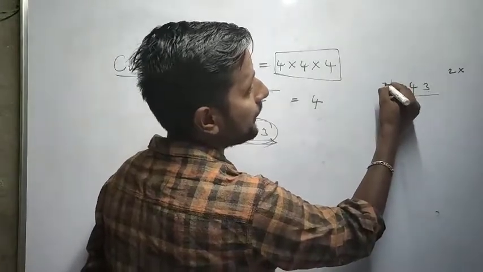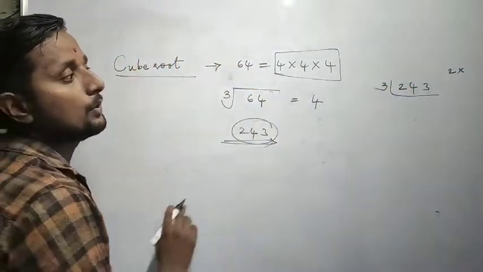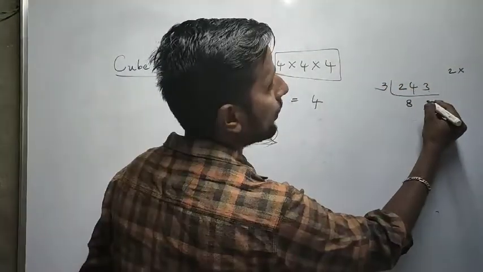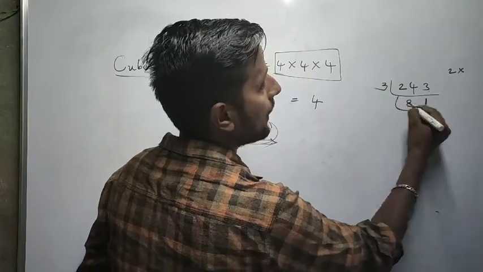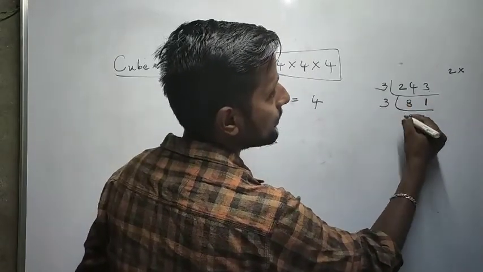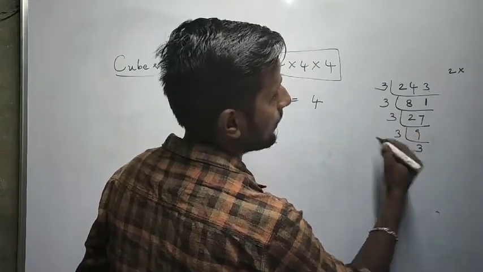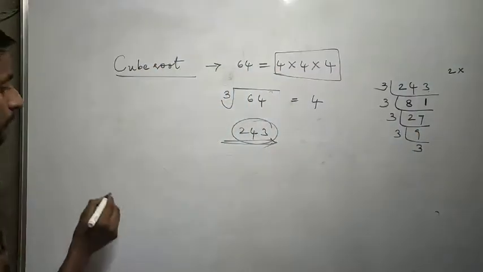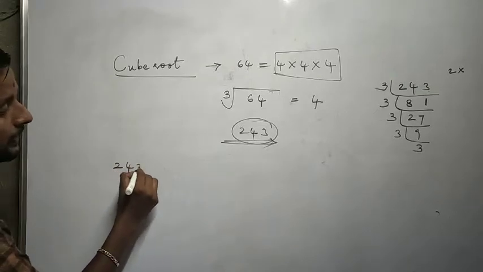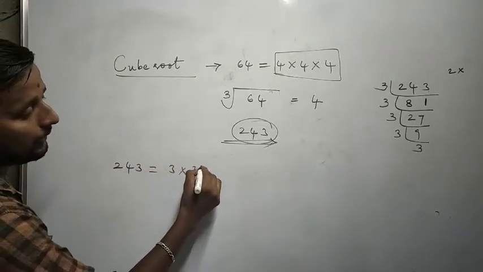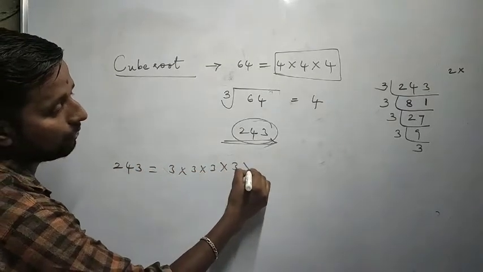So let's go with 3. 3 8s are 24, 3 1s are 3, then again 3 27 times, again 3 9s, 3 3s are 9. So 243 is nothing but 3 into 3 into 3 into 3 into 3.